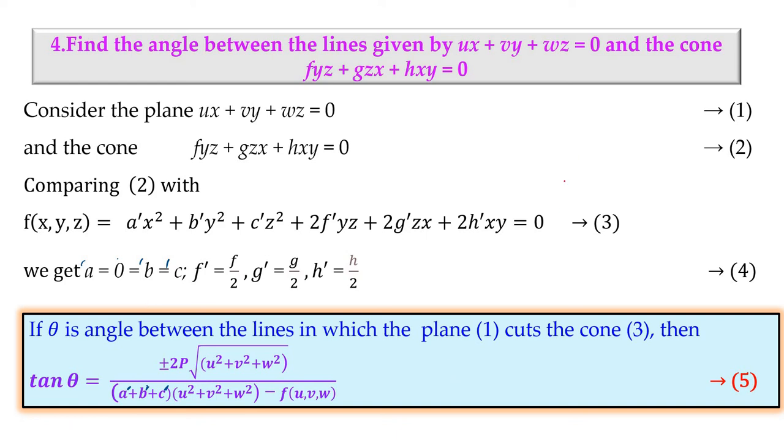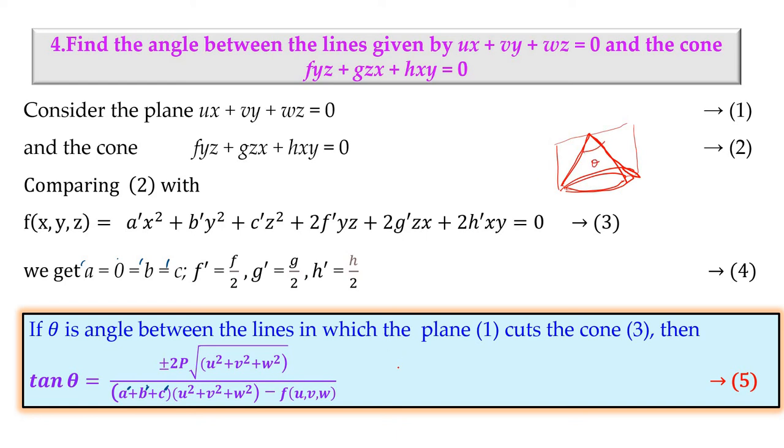Now for the general case, we know the angle between the lines. We have a cone, this is the cone generally, and it is cut by a plane. This is cut by a plane means we have these two lines, and the angle between them is known to us already.